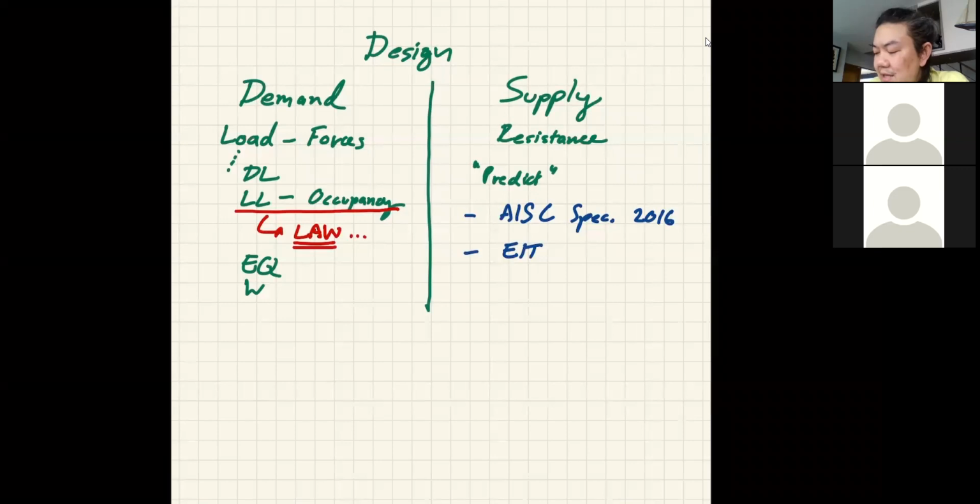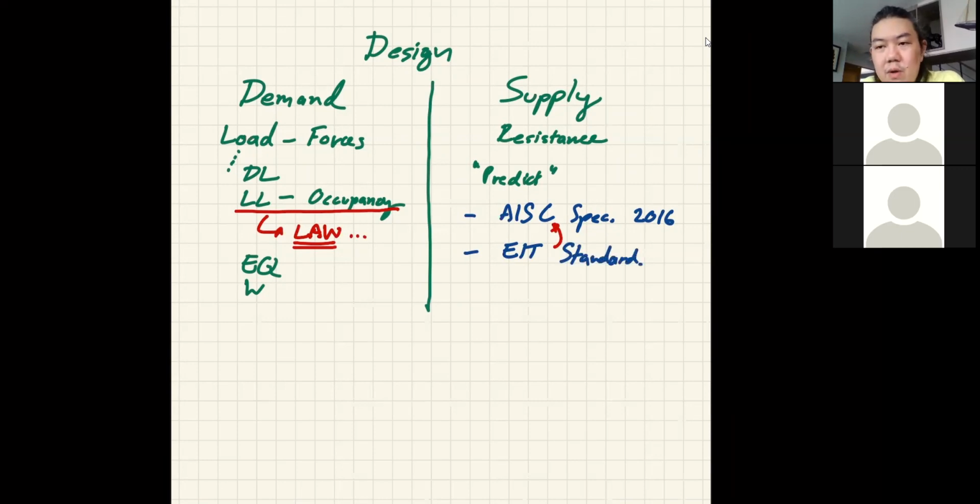But I have to say that that is actually based on the AISC spec. Okay, but one more thing that you need to know is that in Thailand, because of the laws and stuff, you cannot use the word spec. It has to be standard.